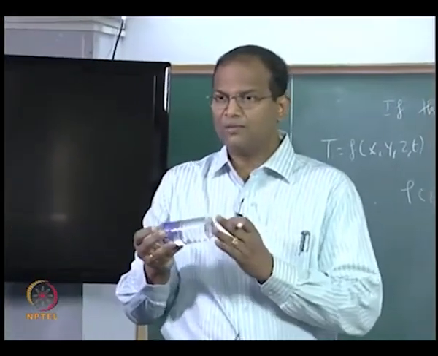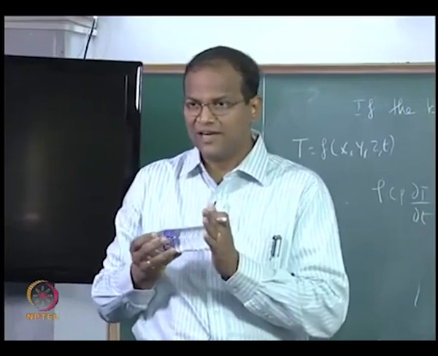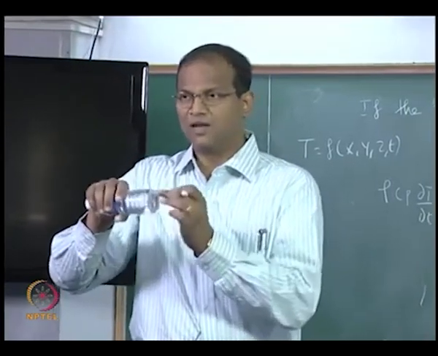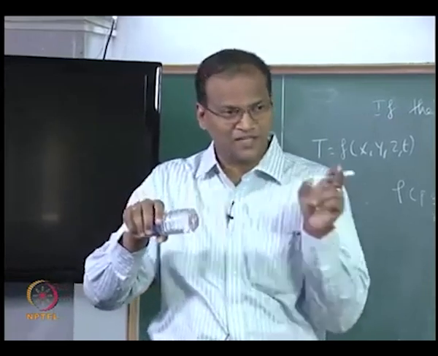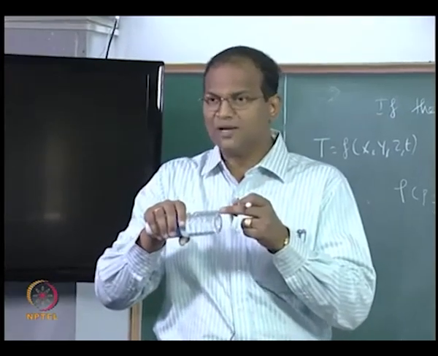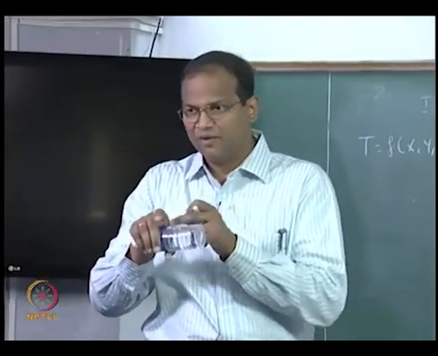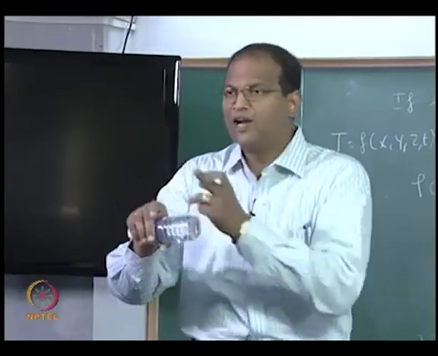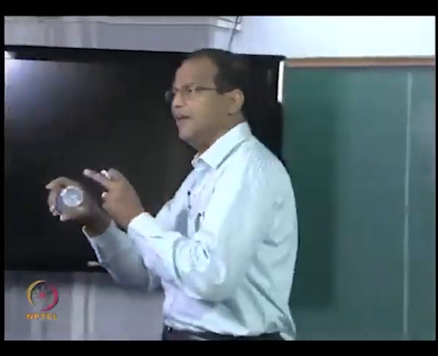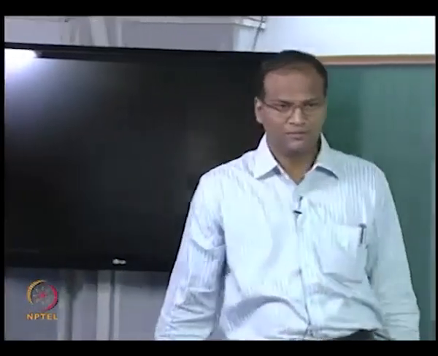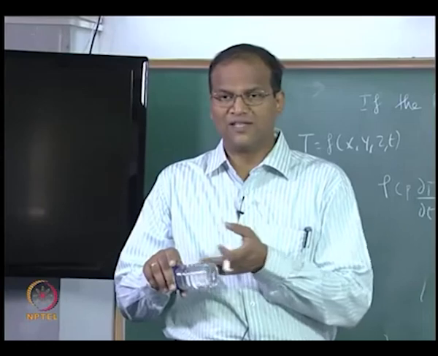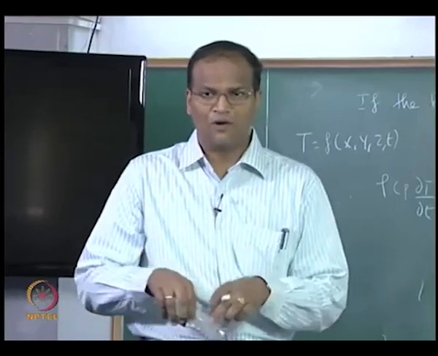Now I keep ice on this left side. Okay. Now the first layers of water which are close to this ice will feel the chillness. Now this thermal disturbance will exponentially decay with time. Okay. So the alpha will decide at a given time how far into this water bottle will the effect of the ice propagate. If alpha is higher, it will propagate faster. If alpha is lower, it will not propagate that much.